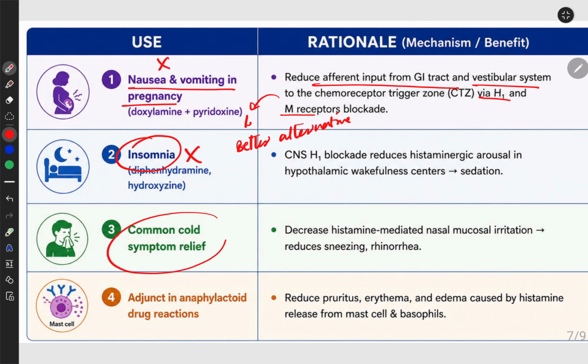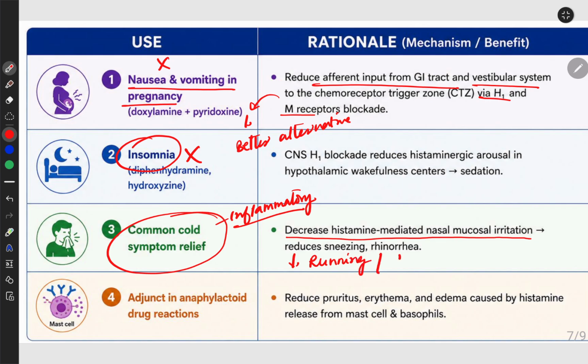And again, common cold symptoms, which are mainly inflammatory symptoms associated with your respiratory tract and nasal mucosa. The antihistaminics decrease histamine mediated nasal mucosal irritation as well as decrease the running nose symptoms.